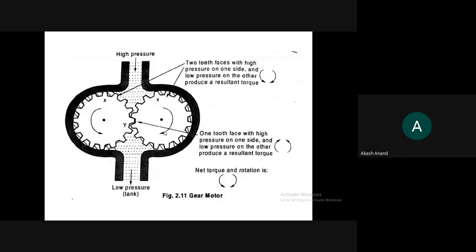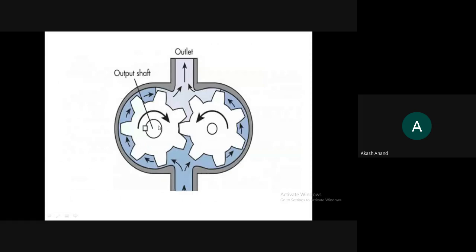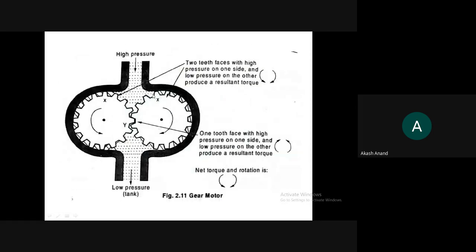Pressure is applied to two gear faces at X and a single gear face at Y. I will explain it. Here it is creating a high pressure region. You can see the points X and Y. Gear teeth have a face, right?